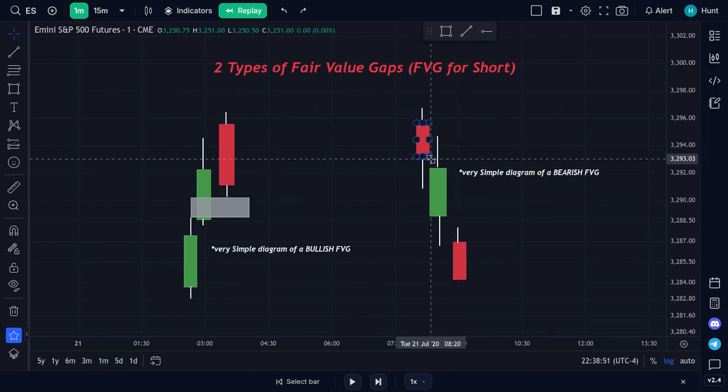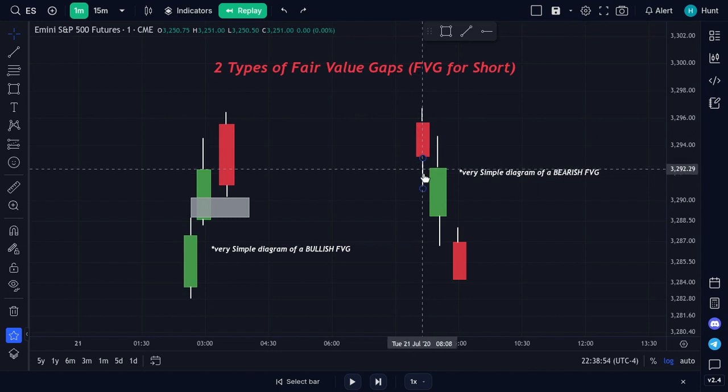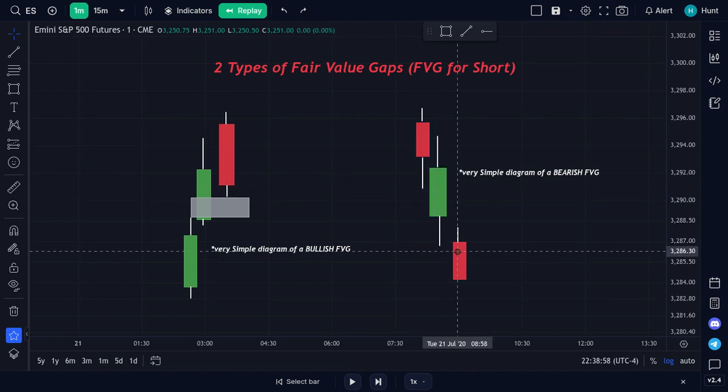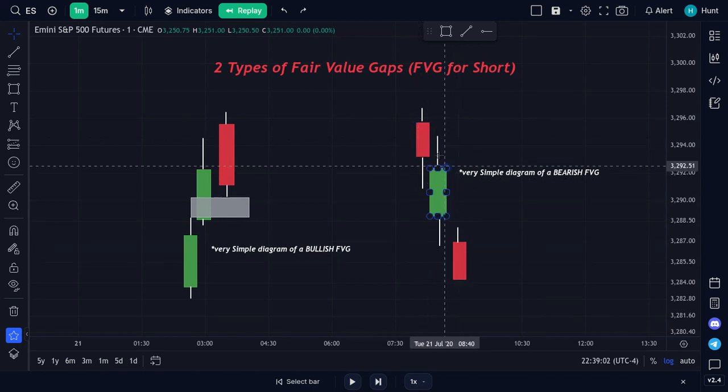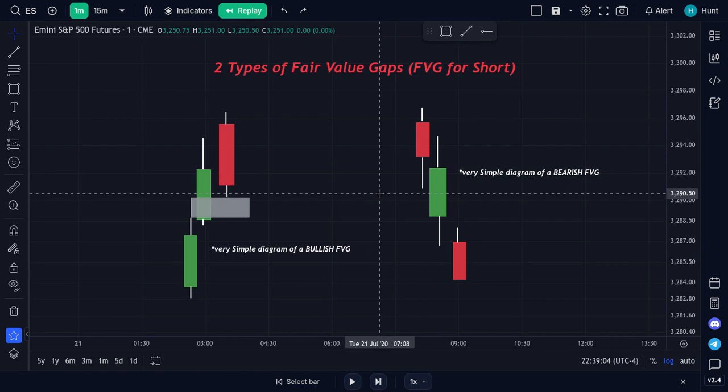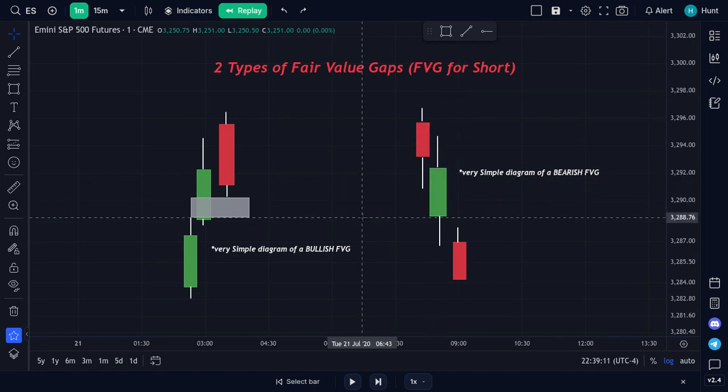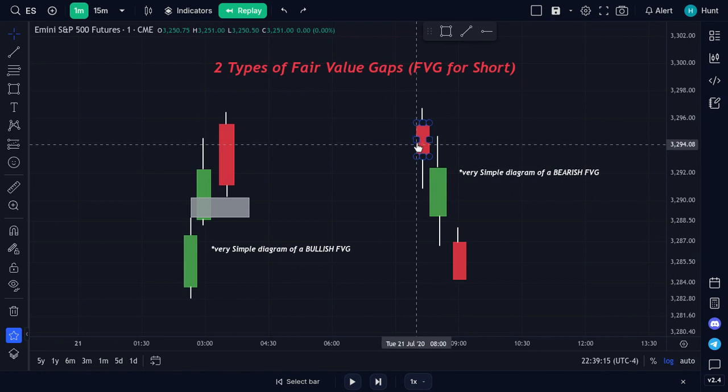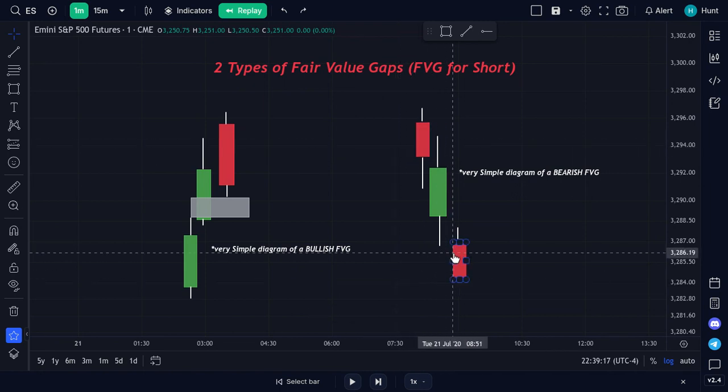On the opposite side, we have this first red candlestick, a second green candlestick, and a third red candlestick. Notice how I made these different sizes, with wicks of different lengths. This is to show you that these candlesticks don't all look the same, so it's not always going to look the same. You need to know how to spot it even when it looks slightly different. Do we notice anything between this first candle's wick and this third candle's wick?